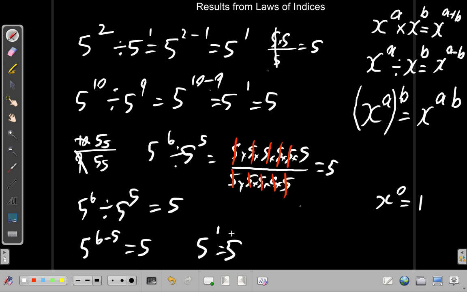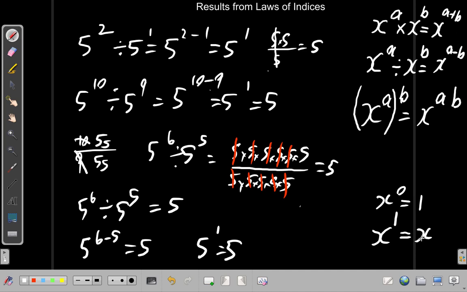Now, you could try it with other numbers than 5, but I guarantee you that any number you try, let's call it x because it can be any number, when you raise it to the power of 1, the answer will be the number itself, x, whatever x is.